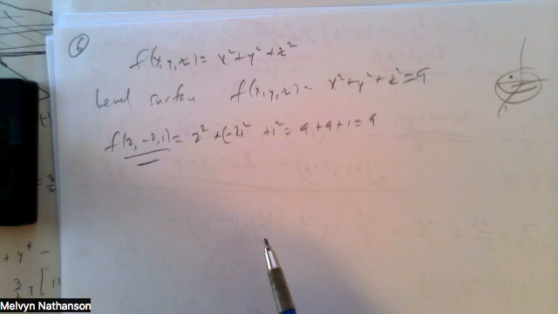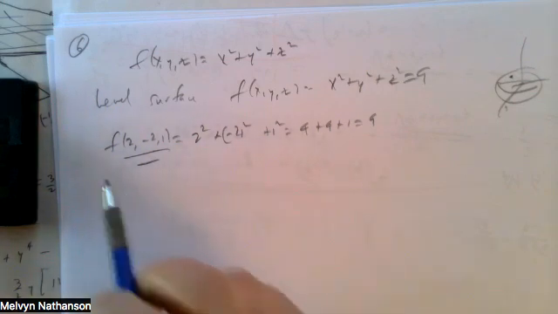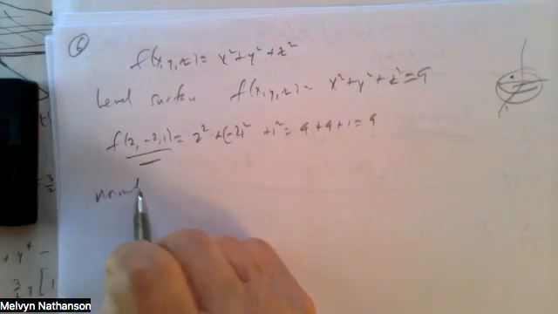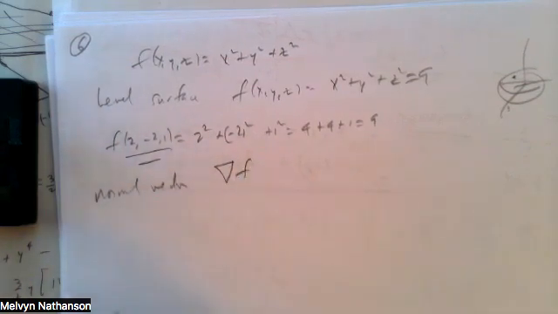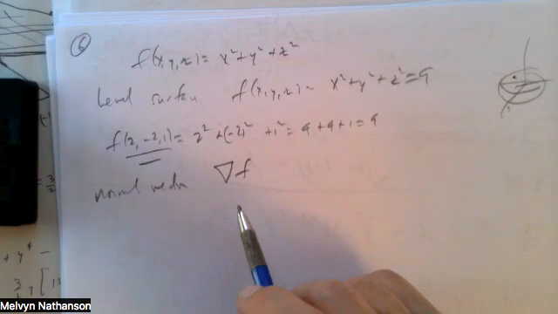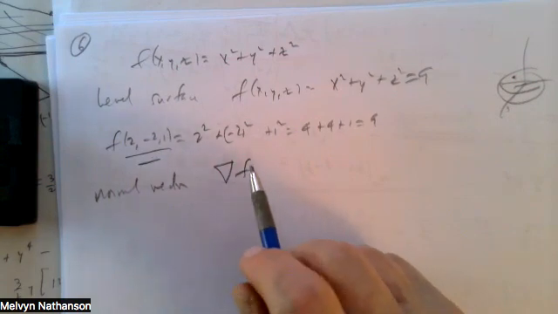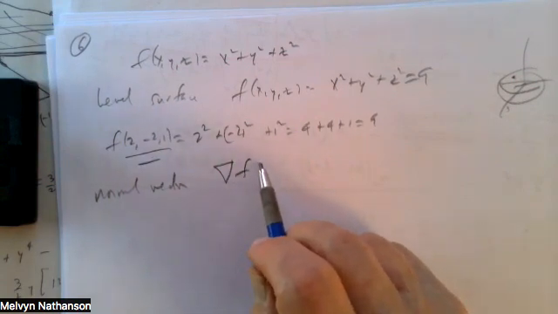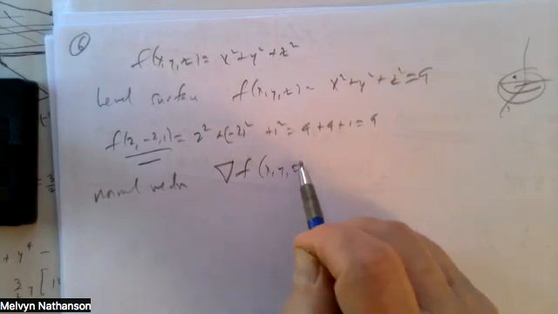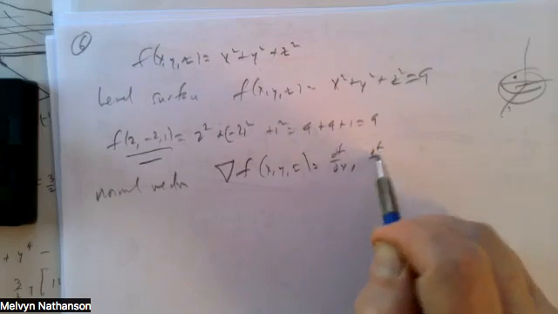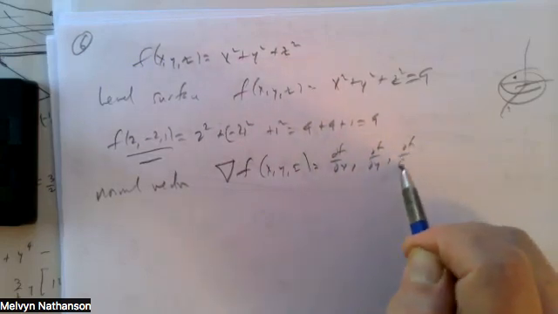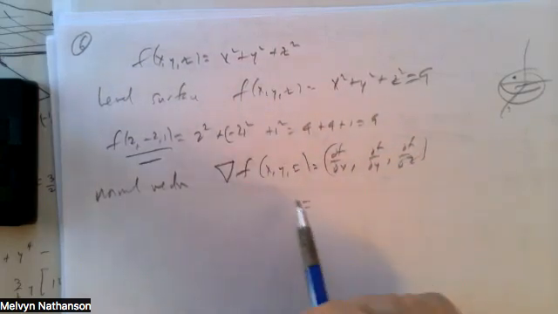And we want to find a unit normal vector to the surface and an equation of the tangent plane. So a normal vector will be the gradient of the function at any point x, y, z on any level surface. What is the gradient of this function? You take the partial of f with respect to x, with respect to y, and with respect to z.